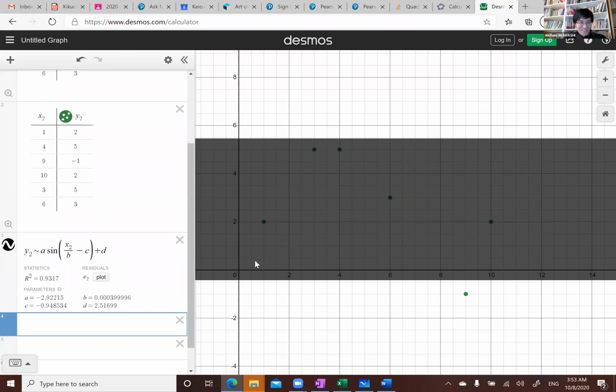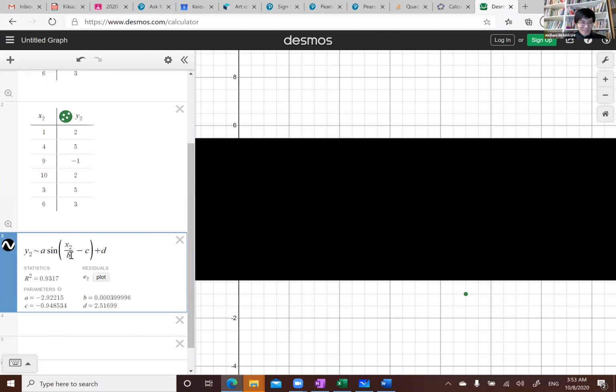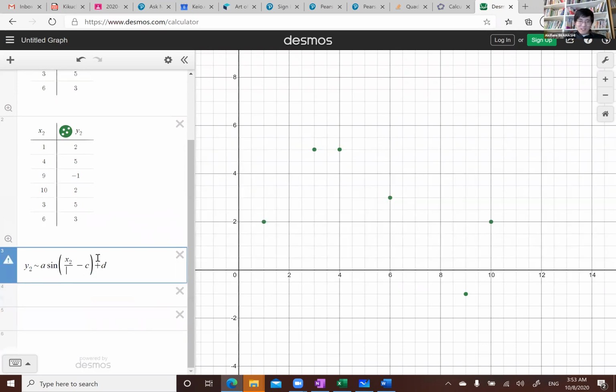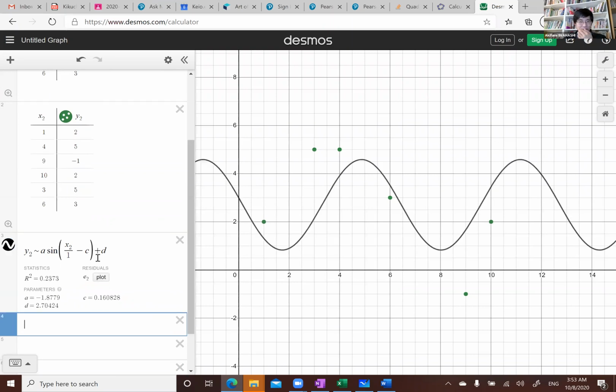Maybe this was too complicated. The value of b is very bad. I guess it's because by choosing b small, this is going to have a very high frequency, and high frequency makes the graph look like this. So maybe I should put some limit on b, or just eliminate b. Okay, so you can model something like this.